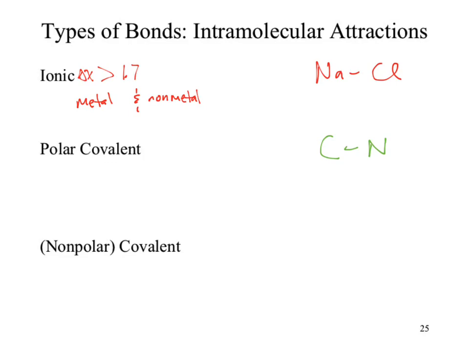So let's all get on the same page. If we call this covalent, what I hear is you're telling me nonpolar covalent. That's okay, but I just want to make sure that when you say covalent, and when I say covalent, I'm saying nonpolar covalent. It's a silent nonpolar. Is the carbon-nitrogen bond a nonpolar covalent bond?